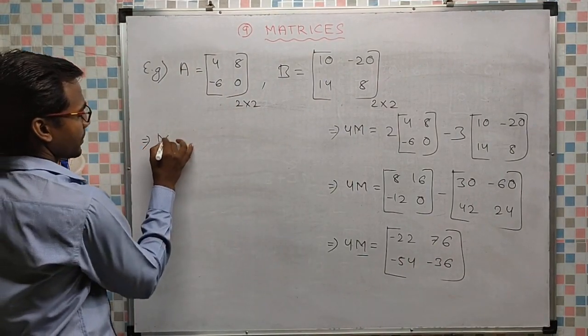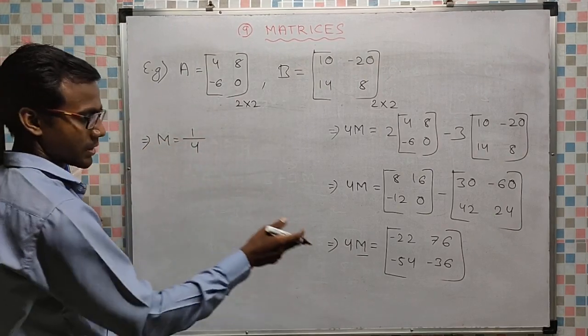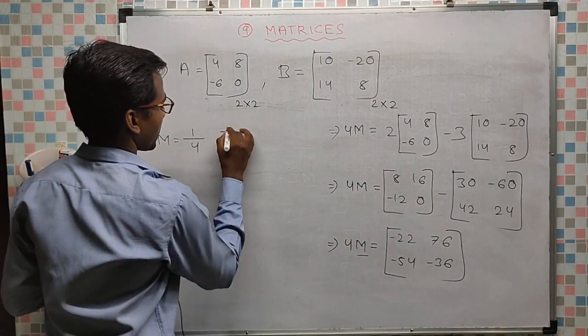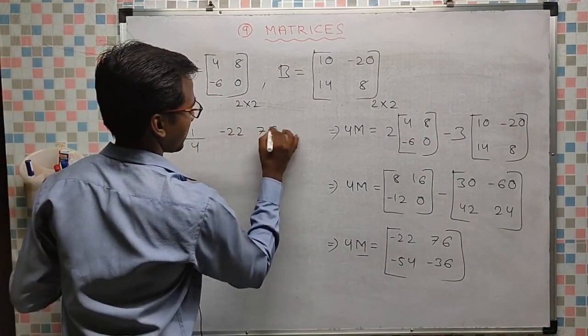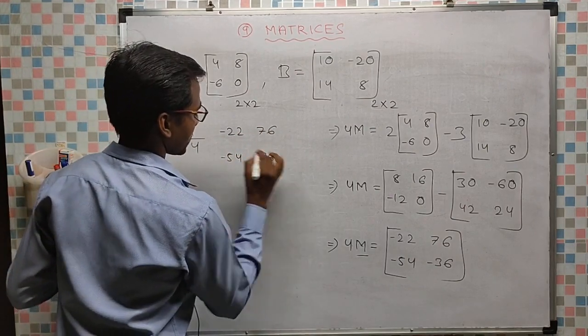This implies that M is equal to 1 by 4. I told you just now, instead of dividing by 4, we can multiply by 1 by 4. Minus 22, 76, minus 54, minus 36.